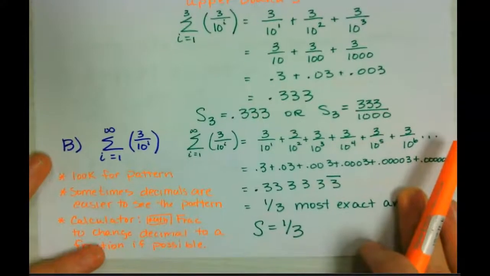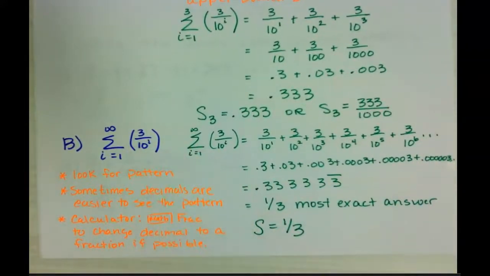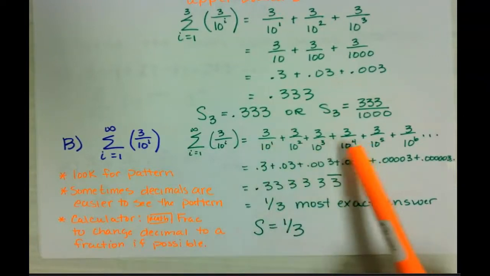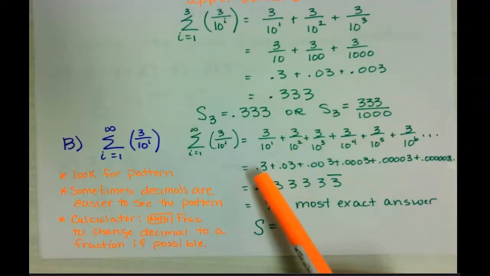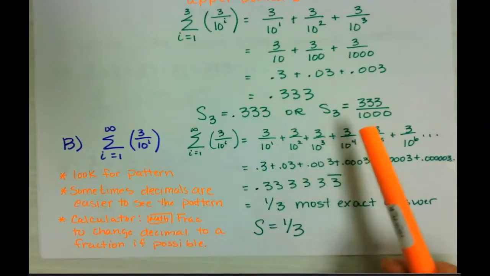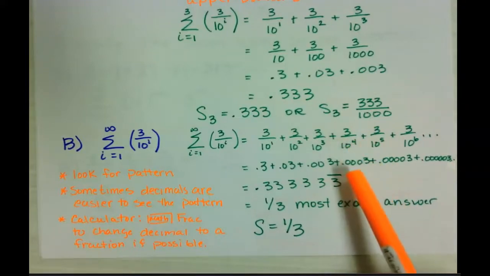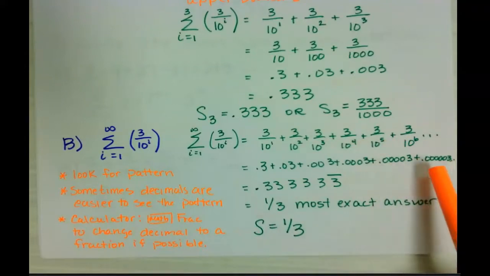Notice that this next one actually goes to infinity. It's the exact same sequence, so nothing new there, except instead of stopping at 3, we would keep going. Well, we know that pattern now. At 3/10 it was 0.3, then 0.03, then 0.003. If I go 10 to the 4th, it's 0.0003, and if I go 10 to the 5th, it's 0.00003. And I keep adding the zeros.